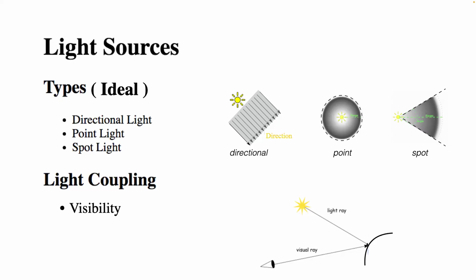So these three lights model the common lights that we have in the world. They're easy to compute because we don't need to integrate the light rays, because they all come from either a point or a direction. But the real lights have area, and then you have to consider the light as a material that emits light.